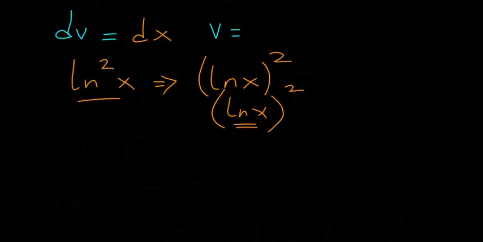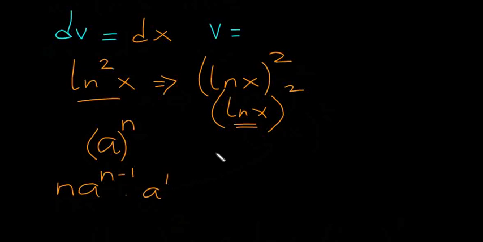If we have a function, let's call it a, raised to n, but both of these are functions, where a is a smaller function inside another function, we can use the chain rule to find the derivative of this function, and the formula is going to be n times a raised to n minus 1, and then we multiply by the derivative of a. So a prime is the derivative of a.